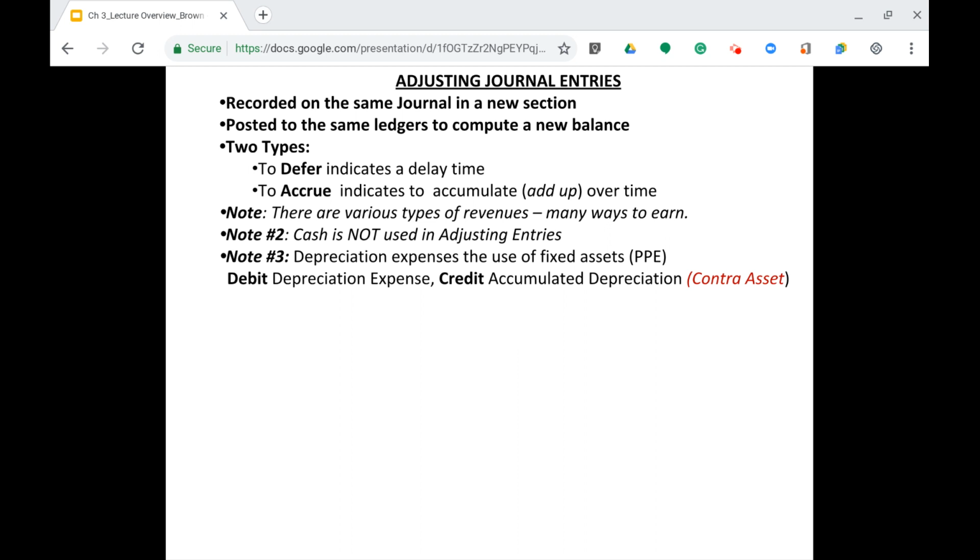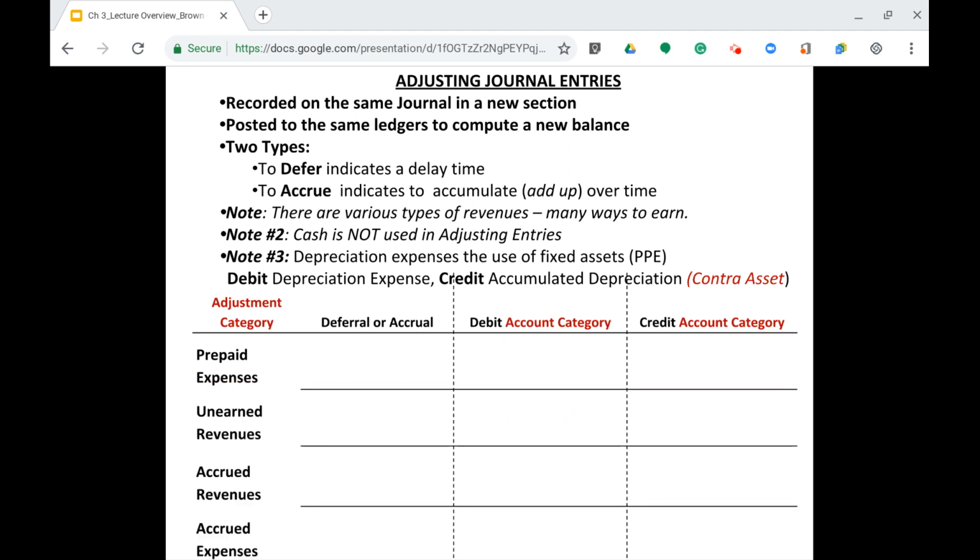When you take the $43,000 worth of the value of the truck that you paid for it, subtract $3,000, now your book value for accounting purposes, not blue book purposes, don't mix the two together, is $40,000. So this contra asset allows you to calculate book value. Contra meaning an asset has a normal balance of a debit. A contra asset has a normal balance of a credit. You will have other contra assets.